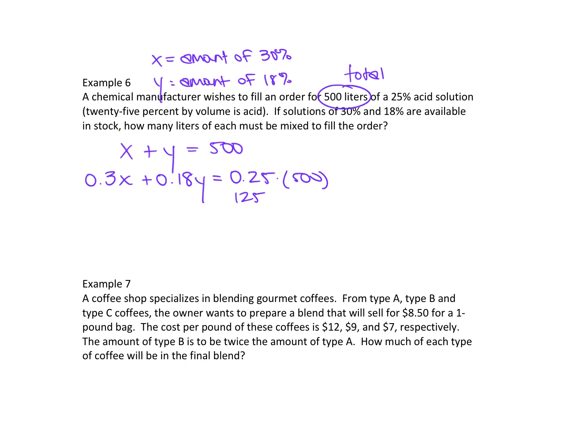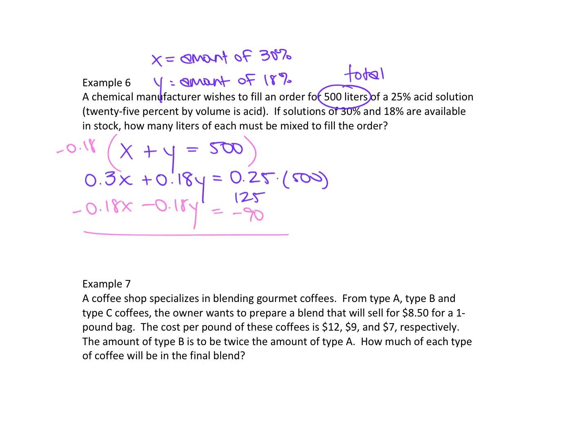If I was doing this, I would probably eliminate my y's. So I would take this entire equation and multiply by negative 0.18. So that's negative 0.18x minus 0.18y. And if I take 0.18 and multiply it by 500, I get negative 90.